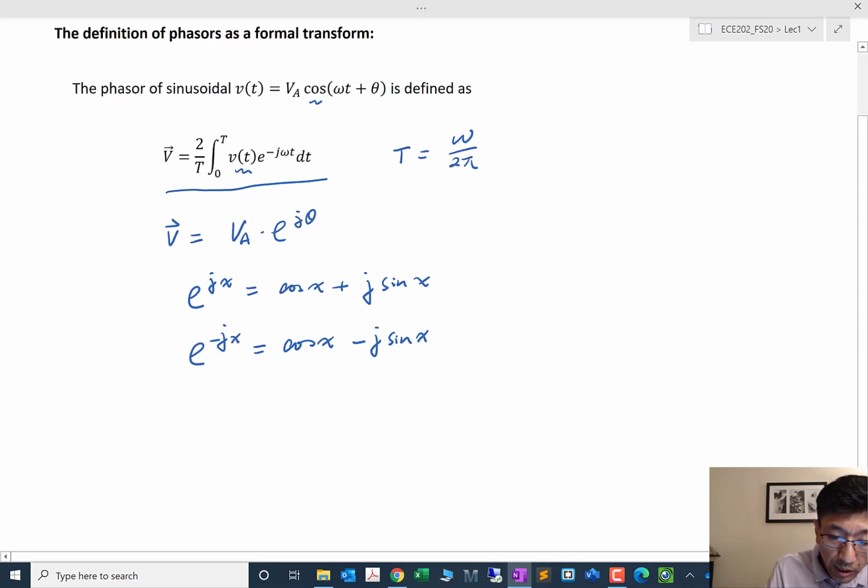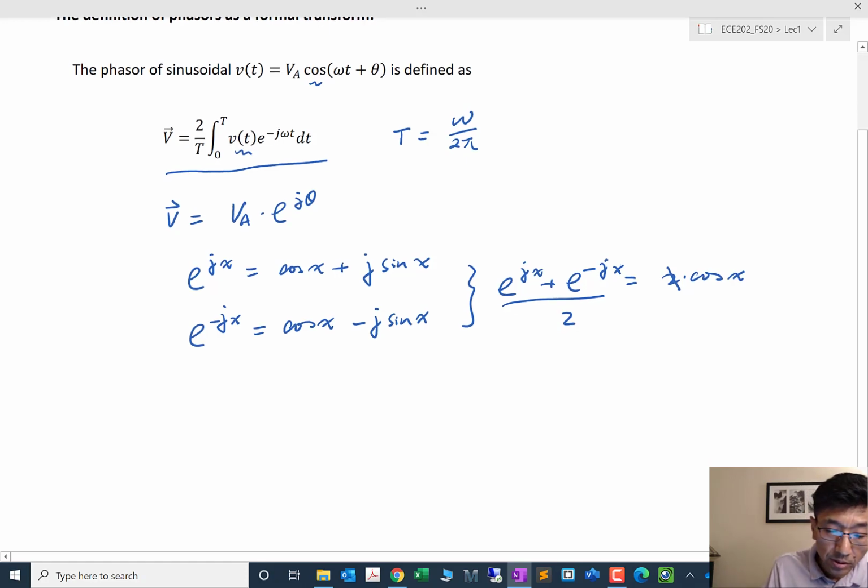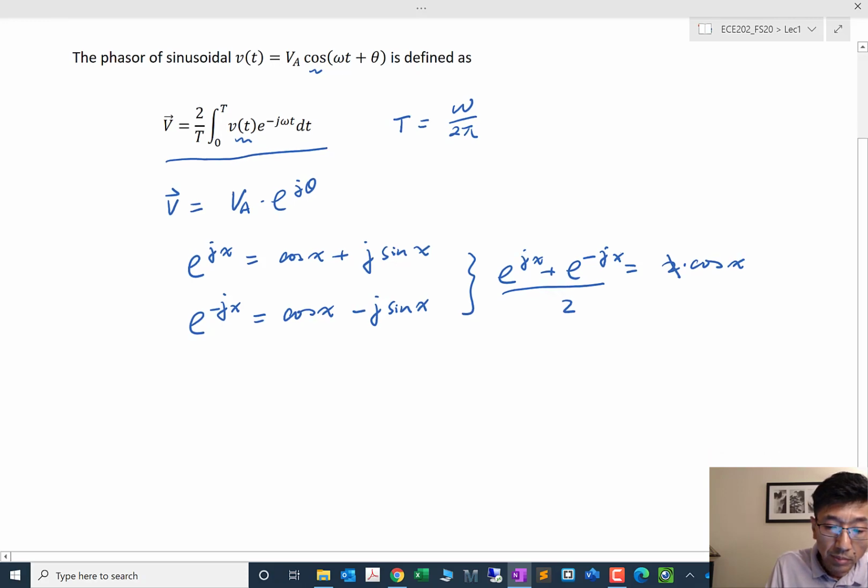So from this, you add these two equations, and e to the jx plus e to the minus jx is going to be equal to 2 times cosine x. So if you divide both sides by 2, you get cosine x equal to the sum of these two exponential functions divided by 2.